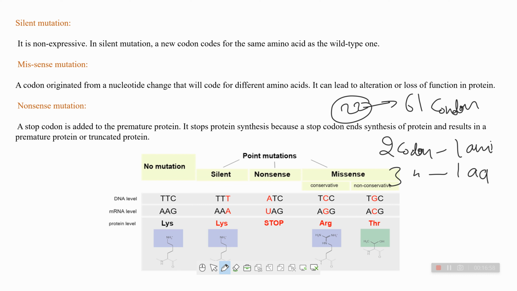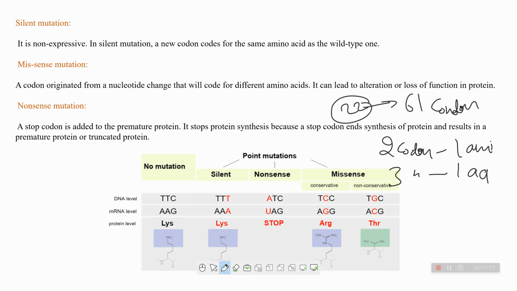Then that mutation is known as a silent mutation. Mutation takes place but there is no change in the enzyme, protein or polypeptide. There is no change in the property of the polypeptide.